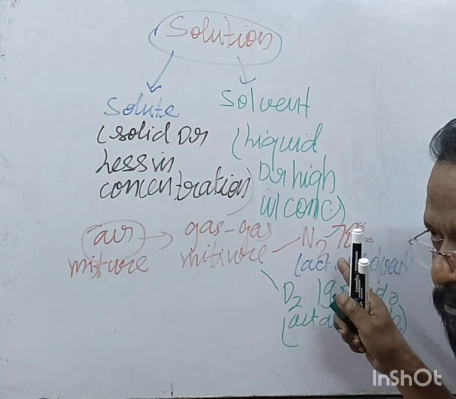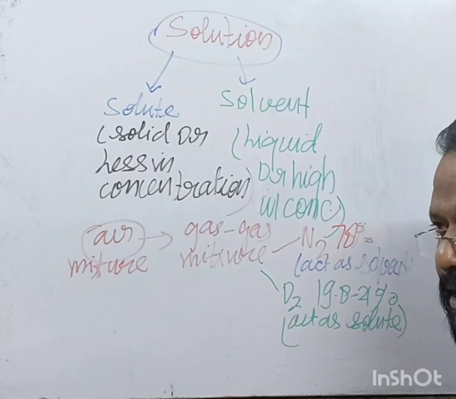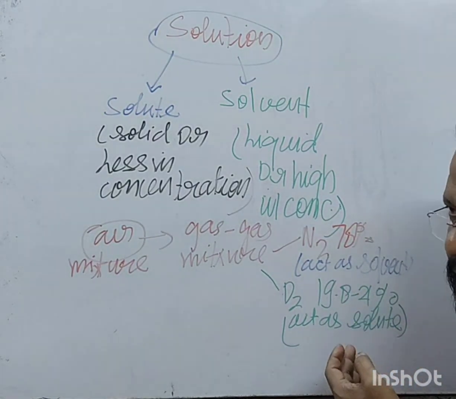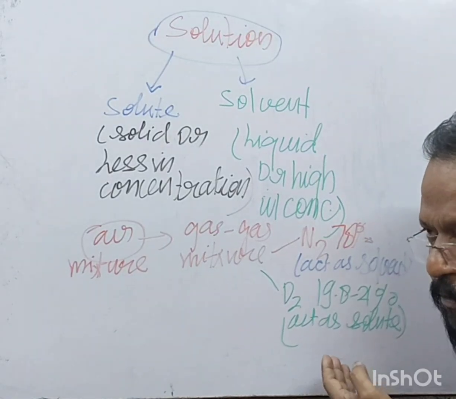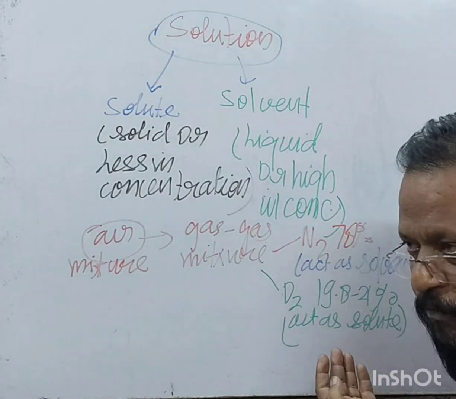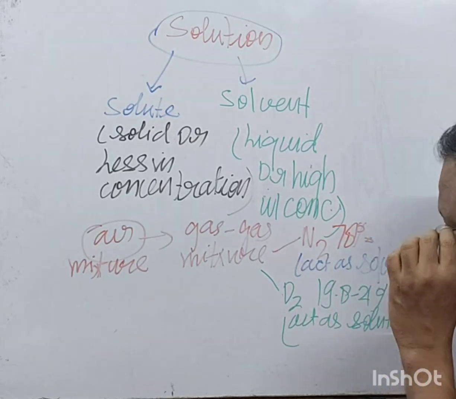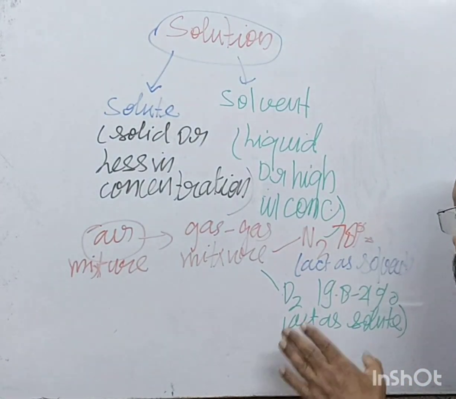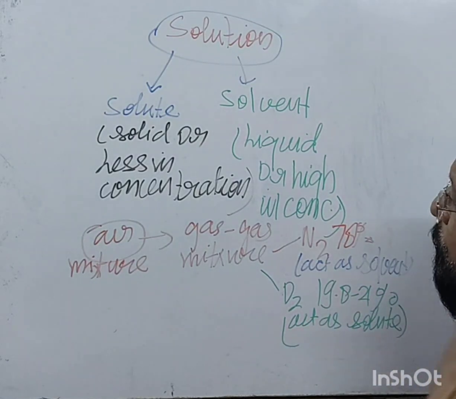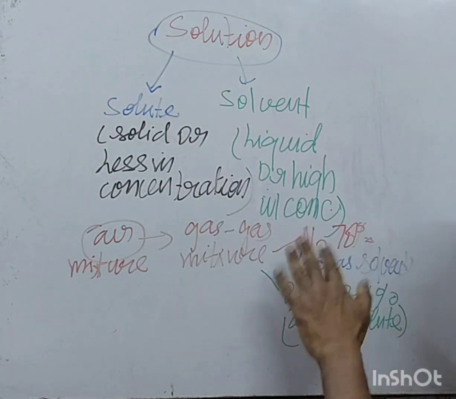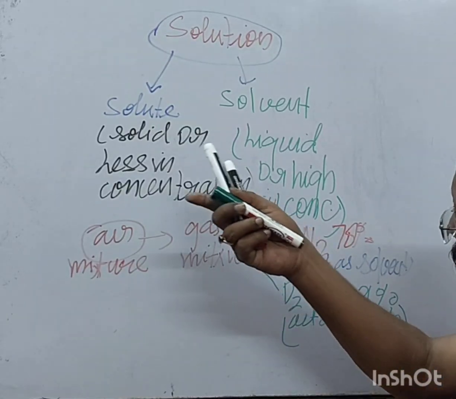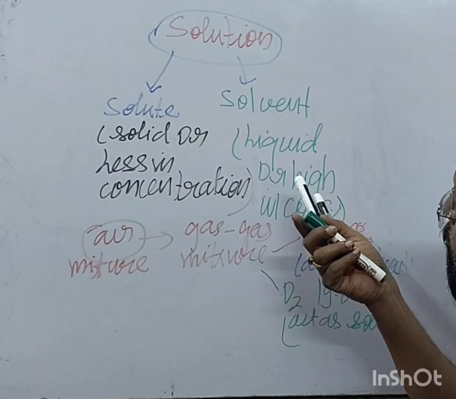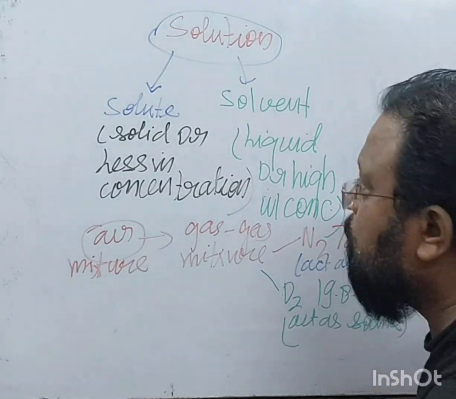In that, nitrogen is highest, 78%, and that is the solvent. In some books you get 19.8% oxygen, in some books 21% oxygen. So this is solution, solute and solvent: solute is less in concentration, solvent is high in concentration.